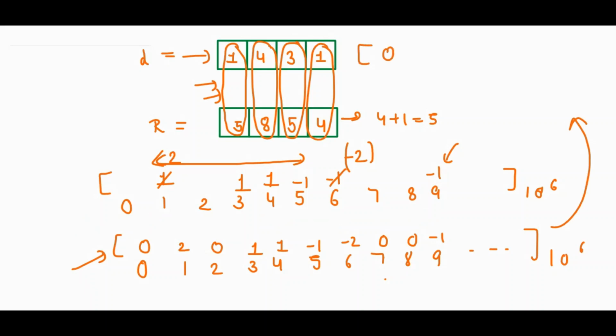So first of all we have 0, then 2 plus 0 is 2, then 2 plus 0 is 2, then 2 plus 1 is 3, then 3 plus 1 is 4, and 4 minus 1 is 3, then 3 minus 2 is 1, then we again have 1, 1, and on the ninth index 1 plus -1 is 0. Okay. So this is the final array that we will get: 0, 2, 2, 3, 4, 3, 1, 1, 1, 0.